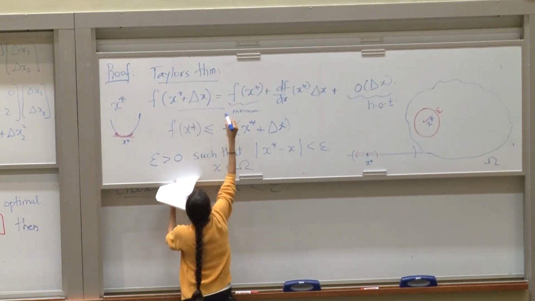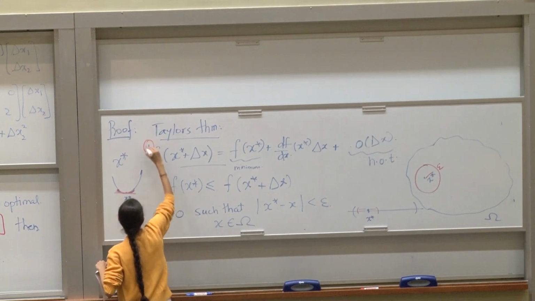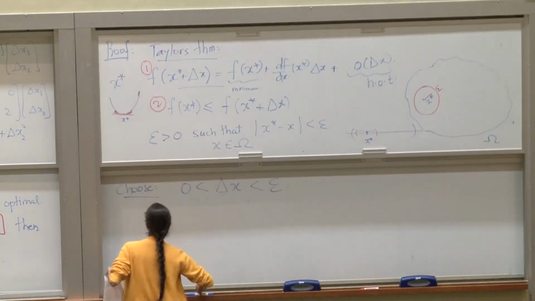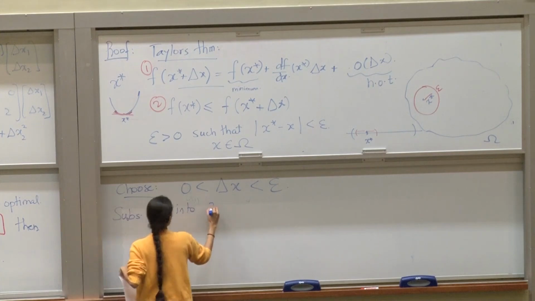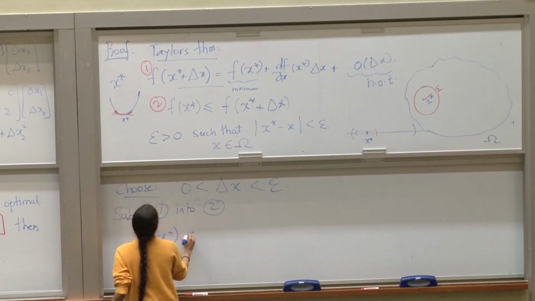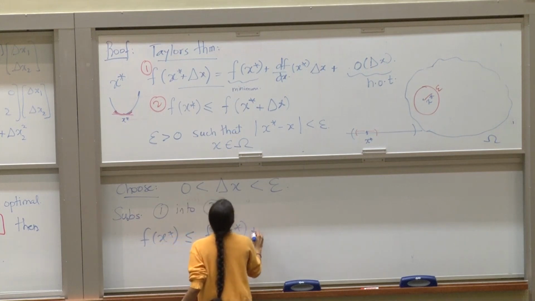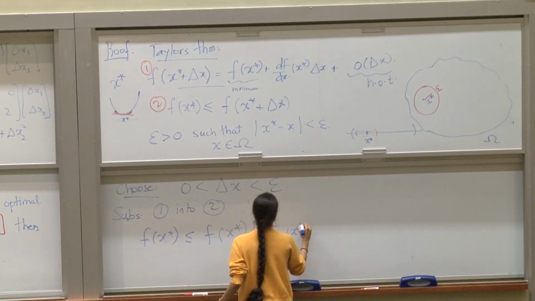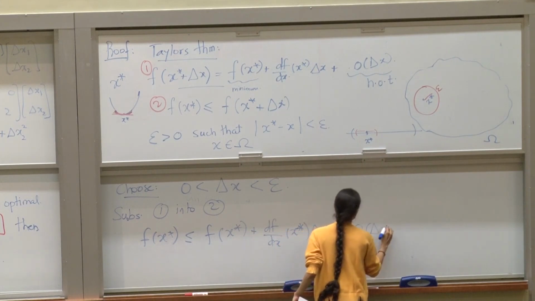So I know that this is equality. Let me call this 1, and I should call this 2. Substituting 1 into 2, I get that f of x star is less than or equal to f of x star plus df by dx at x star times delta x plus these other higher order terms.